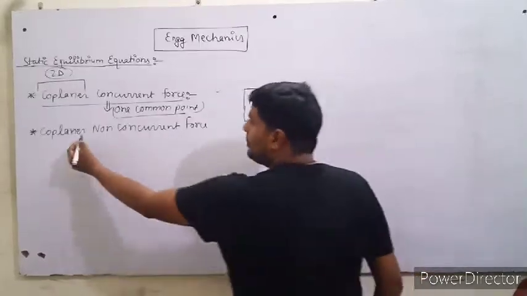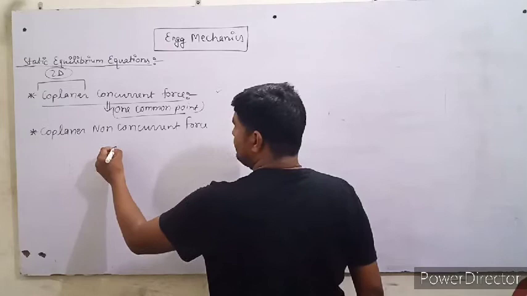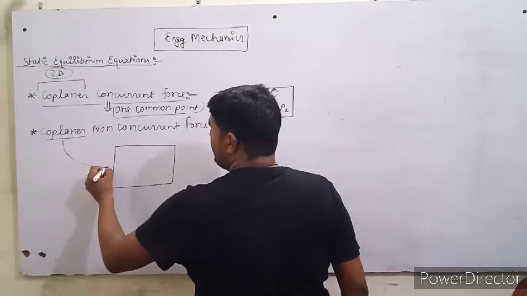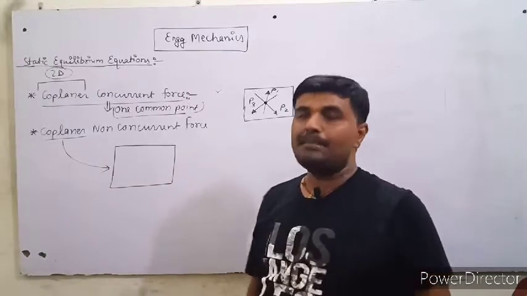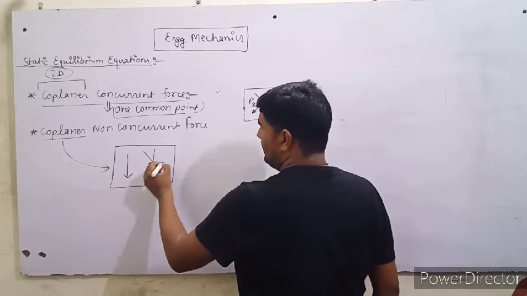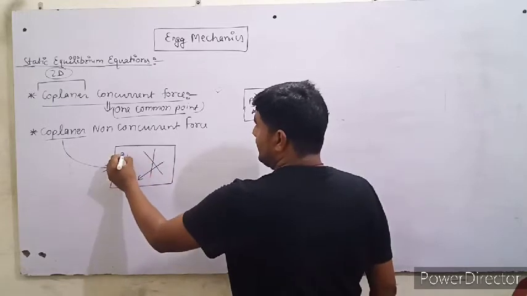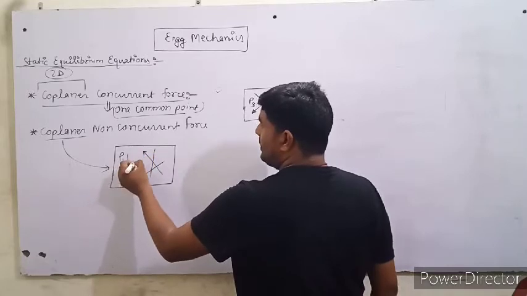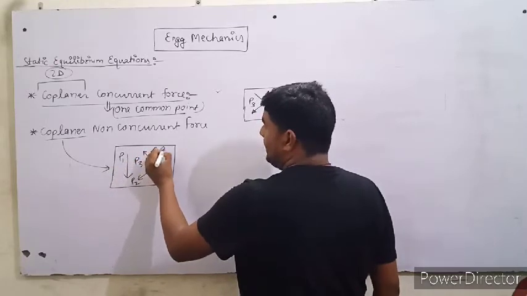But in case of coplanar non-concurrent forces, coplanar means force will act in the same plane but the line of action of force will not pass through a common point. Suppose body is subjected to force system P1, P2, P3 and P4.